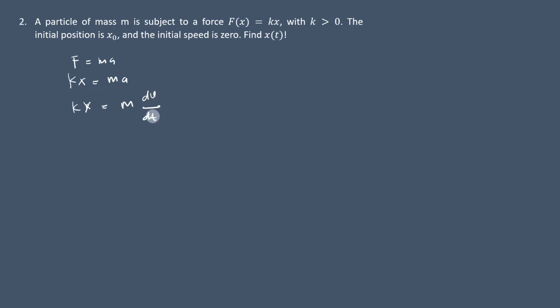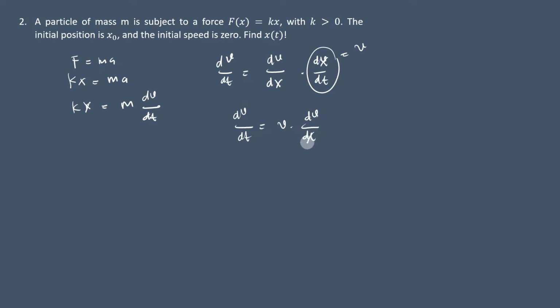By the chain rule, we can substitute dv/dt equals dv/dx times dx/dt. dx/dt is equal to v, so we can write dv/dt equals v dv/dx.